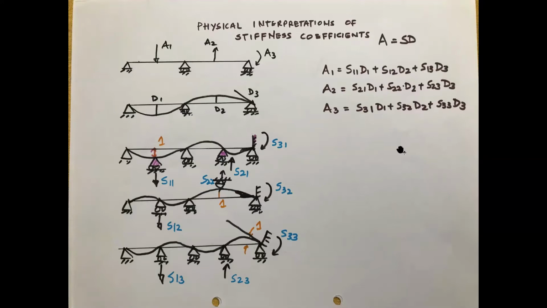What is the size of the stiffness matrix? If you write it in a matrix form, it will be S11, S12, S13, S21, S22, S23, S31, S32, S33. So there is always a correlation between the kinematic variable and the size of the stiffness matrix.